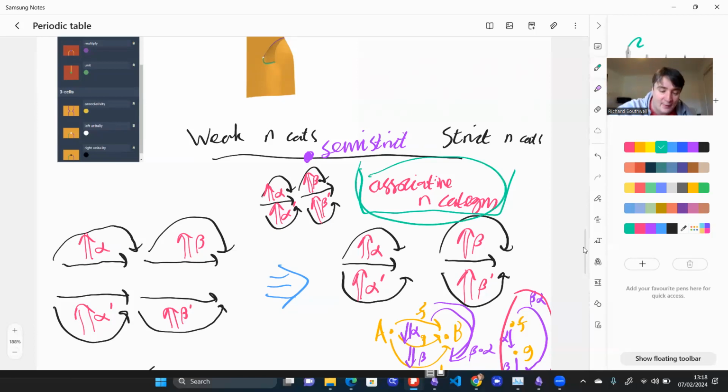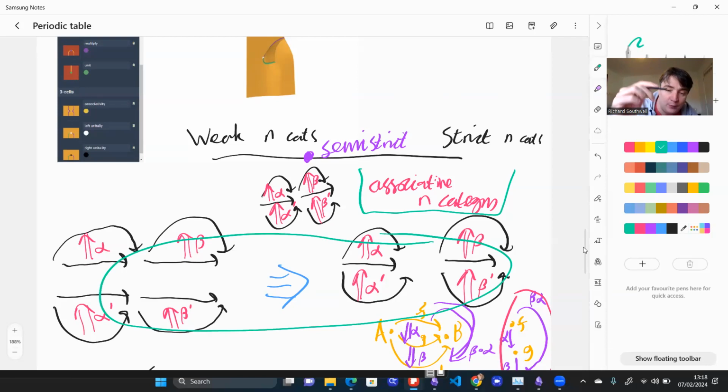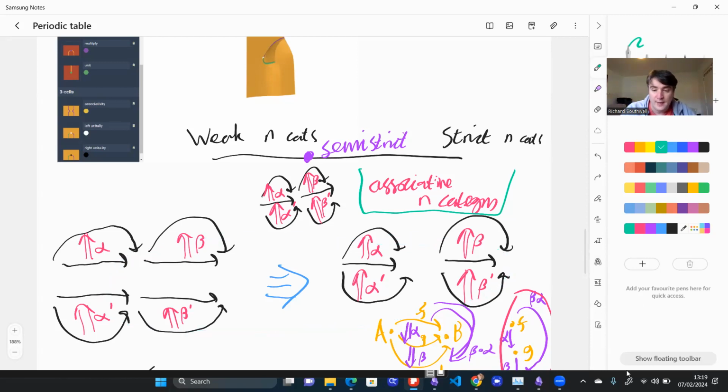This associative n category has associativity of composition on the nose, and it has unitality equations holding on the nose. What it doesn't have holding on the nose is things like this interchange law. If we're looking at an associative 3 category, then this interchange law, for example, is only going to hold up to a higher dimensional kind of isomorphism. So these associative n categories are a really nice middle ground, and they're quite recent discoveries.